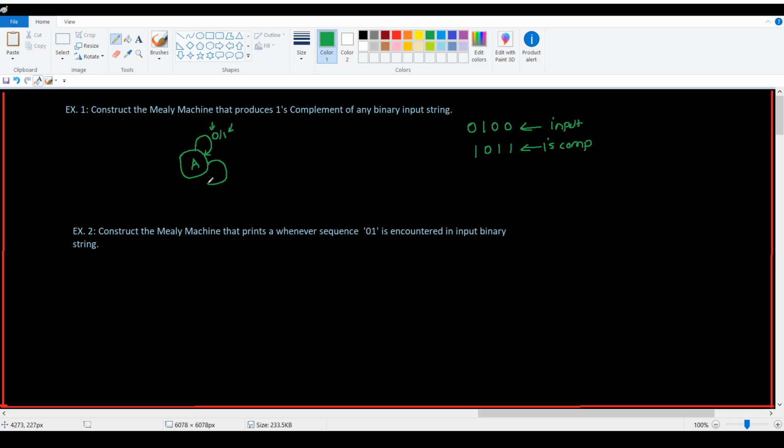And if 1 is the input, 0 will be the output. So here this part is the input and this part is the output, and this is the state, right? So this is a state diagram of Mealy state machine.